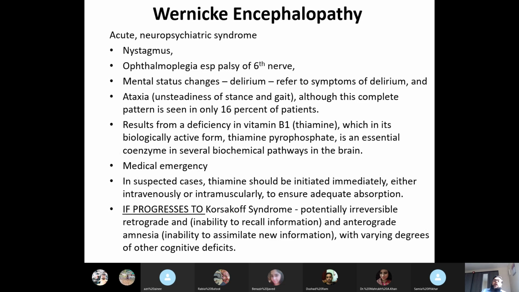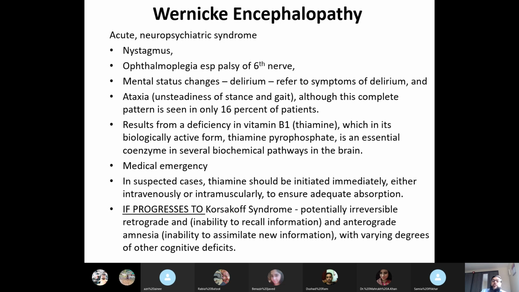So, not every patient gets everything. Some patients may get some symptoms and some may get others, but only 16% will get this classic tetrad of nystagmus, ophthalmoplegia, delirium, and ataxia.